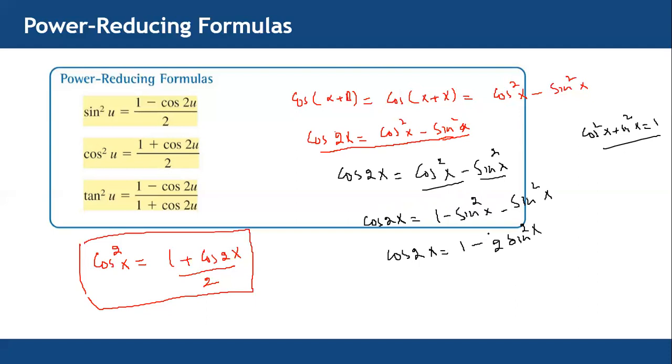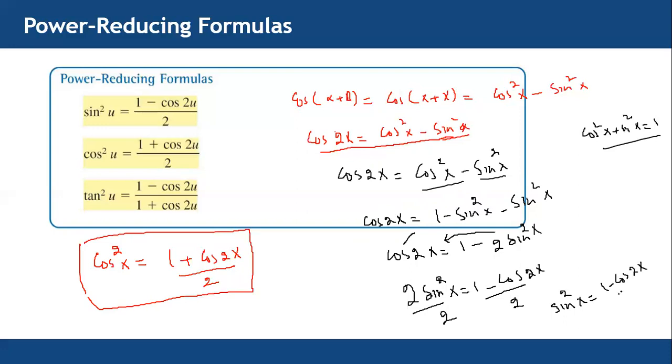If you transfer this one to the other side and cosine 2x to the other side, we have 2 into sine square x equal to 1 minus cosine of 2x. Then divide both sides by 2, so we have sine square x equal to 1 minus cosine 2x, divided by 2. This one is your sine square formula.